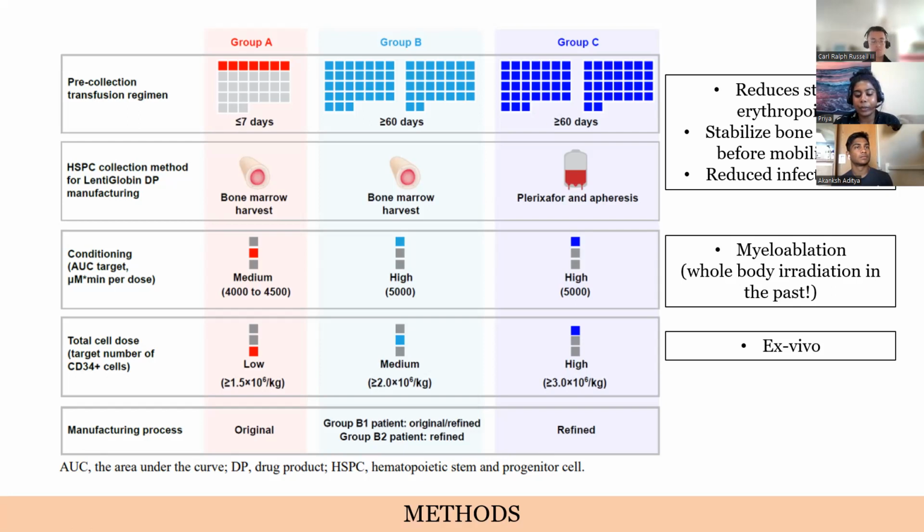For that, they use busulfan, which is used for stem cell transplant as well. And as I mentioned earlier, it's the ex vivo or in vitro method, where they take these CD34 positive stem cells, correct the mutation using the lentiviral vector, essentially on a plate in the lab, and then infuse it back into the patient in this study using an IV.